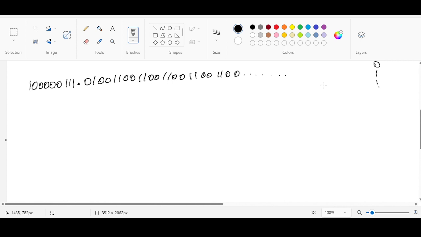Now the next thing is step 2. Step 2 says this number needs to be converted to scientific notation. Understanding scientific notation is really simple. If we have any large number or any small number, we use scientific notation to represent it in a simple, readable way.